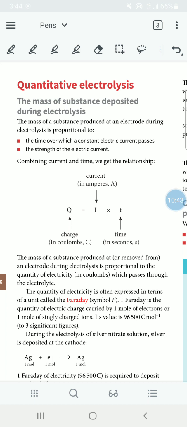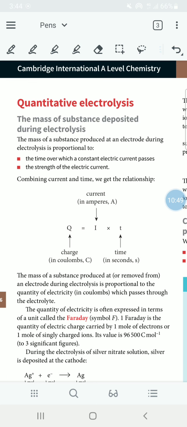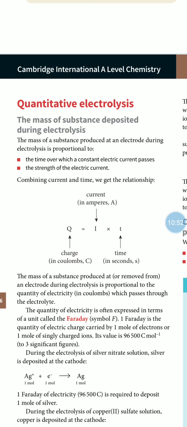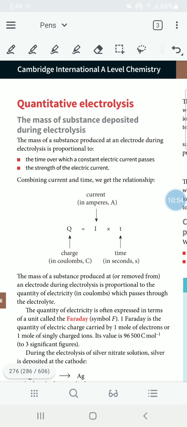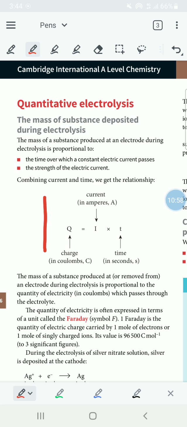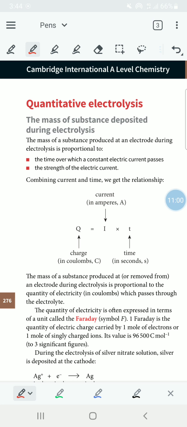Then write down the equation Q equals IT. Q is charge in coulombs, C, I is current in amperes, A, and time is in seconds. Leave a line and write.